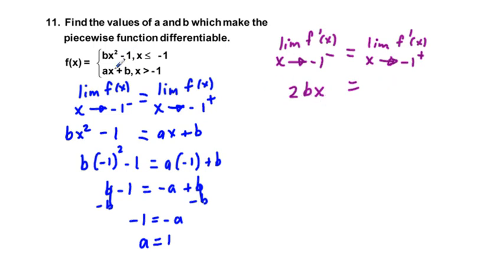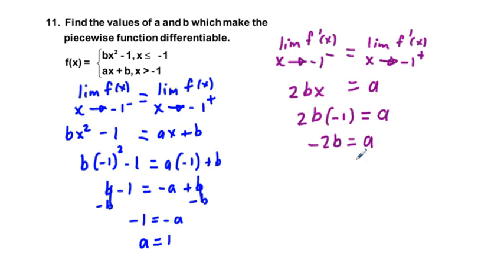And on the right side, this ax plus b, well, we're simply going to have a, and b goes away. And then if we substitute in negative 1, we'll say 2 times b times negative 1 is equal to a. So on the left side, that's going to be negative 2b equals a.